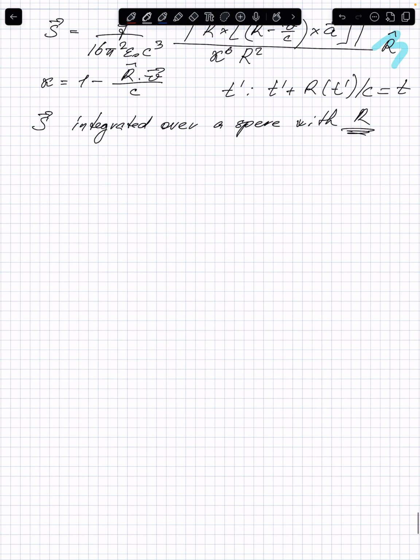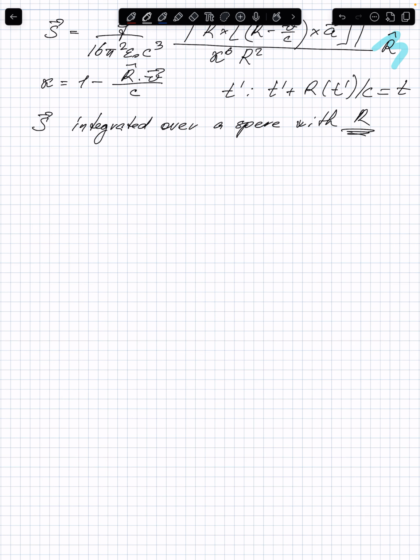Okay. When we do that, there is a subtlety which is associated with the Doppler effect.